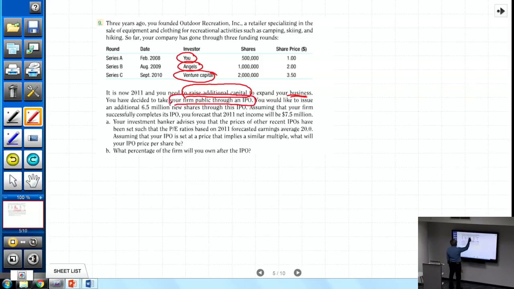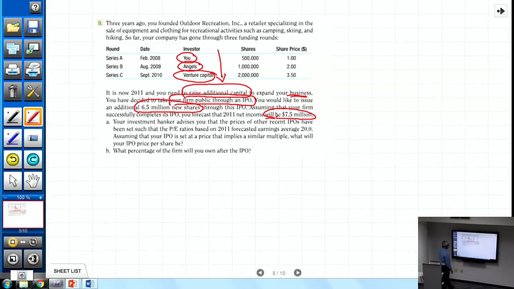So you have followed the sequence of most IPOs. You start with your own capital, then you bring in angel financing, then venture capital, and then you do an IPO. You have decided that you're going to sell 6.5 million new shares. If you complete the IPO, you are also expecting that your net income will be 7.5 million in 2011.